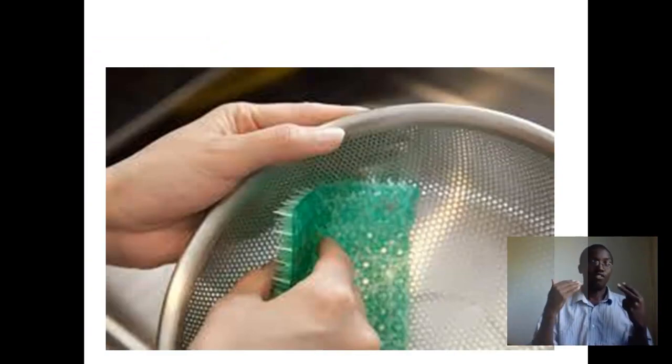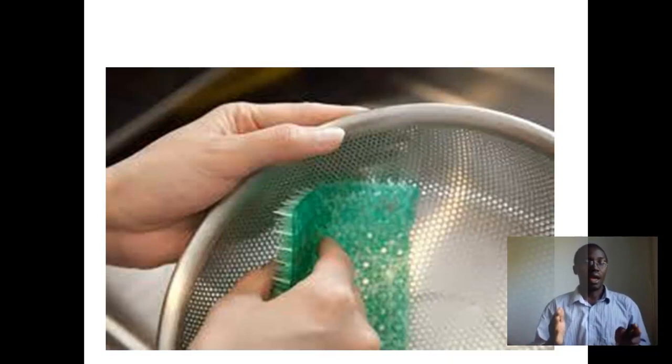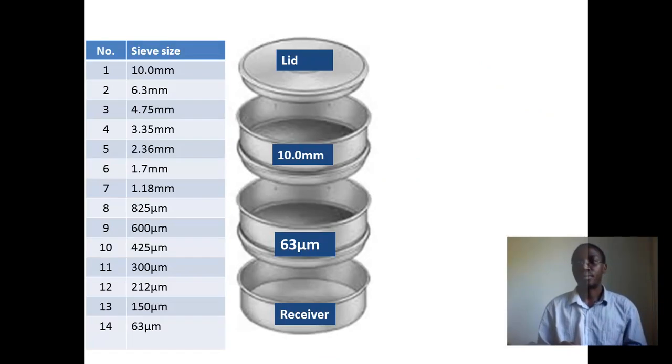Now, before the sieves are arranged, they are first cleaned such that all sand particles existing in between the holes or apertures are removed. The sieves are arranged in a descending order from top to bottom.